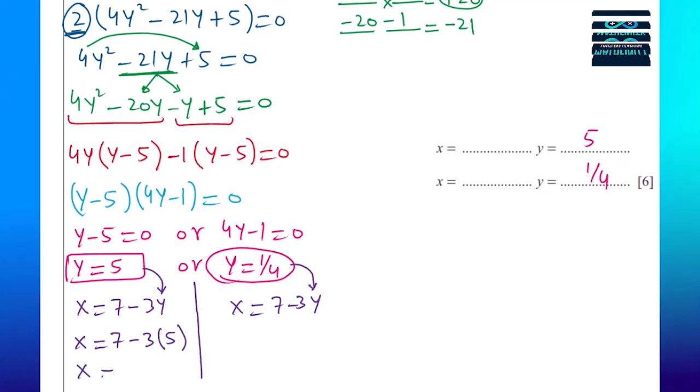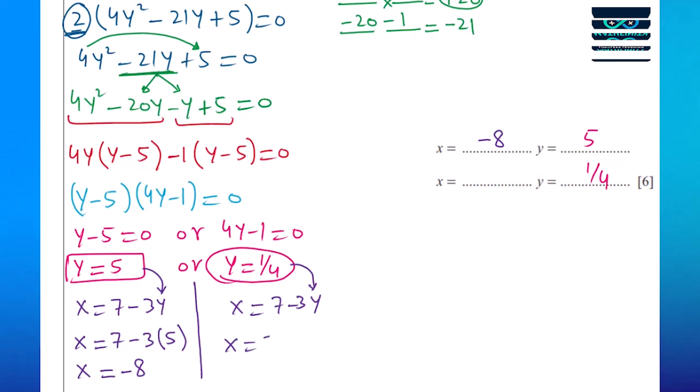So x is equal to 7 minus 15, minus 8. It means when you substituted 5, you got negative 8. You have to write here. Don't mix these things, because sometimes students mix this y value and x value up and down. They are changing a lot of things.